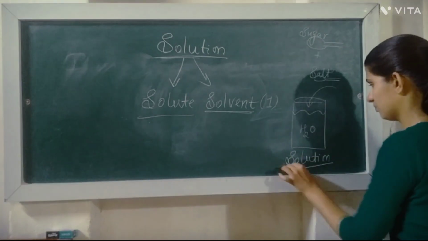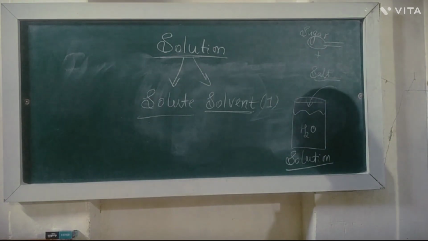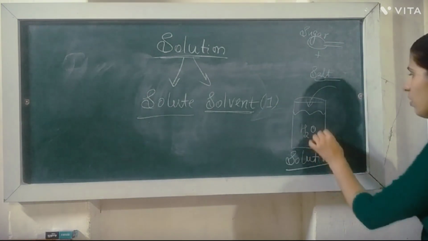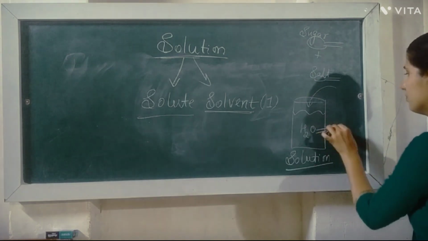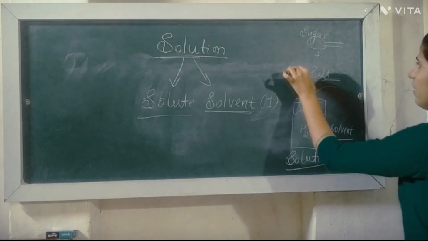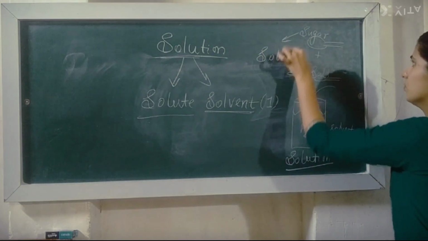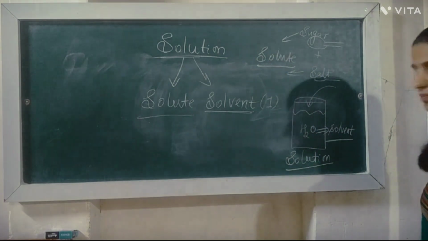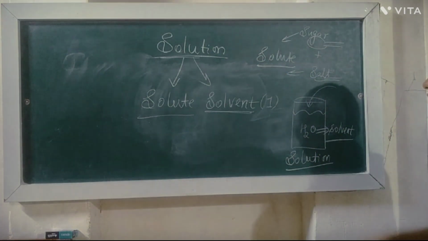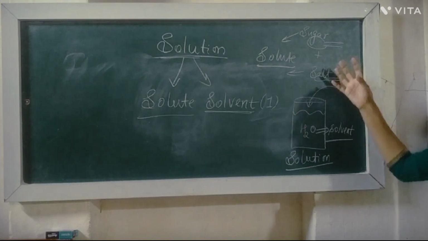Then you may ask, ma'am, which is the solvent here and which are the solutes here? So the water is the solvent, and salt and sugar are the solutes. So it means that in the solution, one must be the solvent and any other components are considered as solutes.